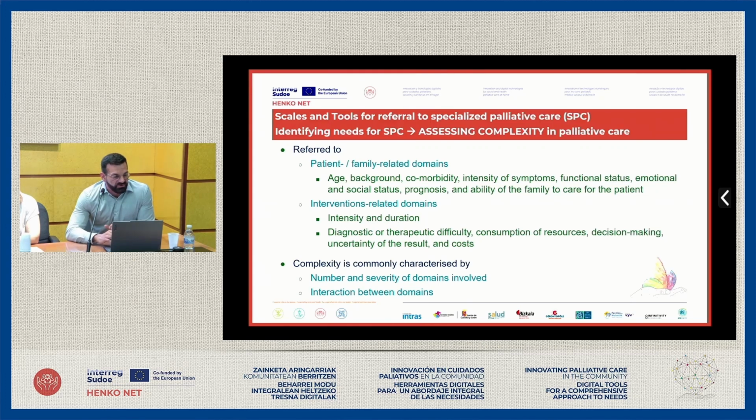So all the scales developed to identify the patients who need specialized palliative care are based on the same kind of characteristics. There are some domains related to patient and family, and also some domains related to the interventions. This complexity is commonly characterized by the number and the severity of domains involved and the interaction between the domains.